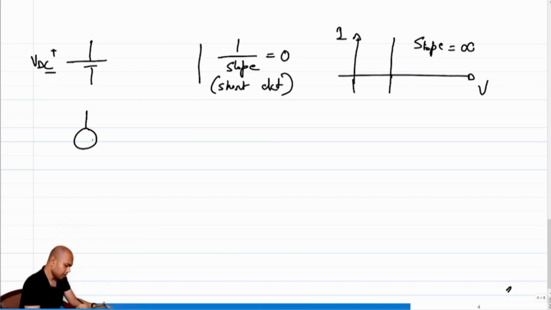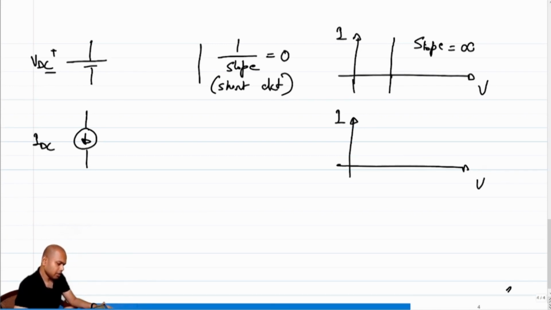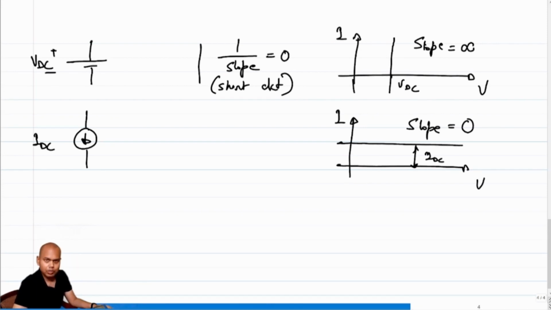What if I have a constant current source, let's say IDC? Again, let's go back to our IV characteristics. What is the IV characteristic of a constant current source? This is a flat line parallel to the V axis. What is the slope? The slope is 0, which means 1 over the slope is infinity.